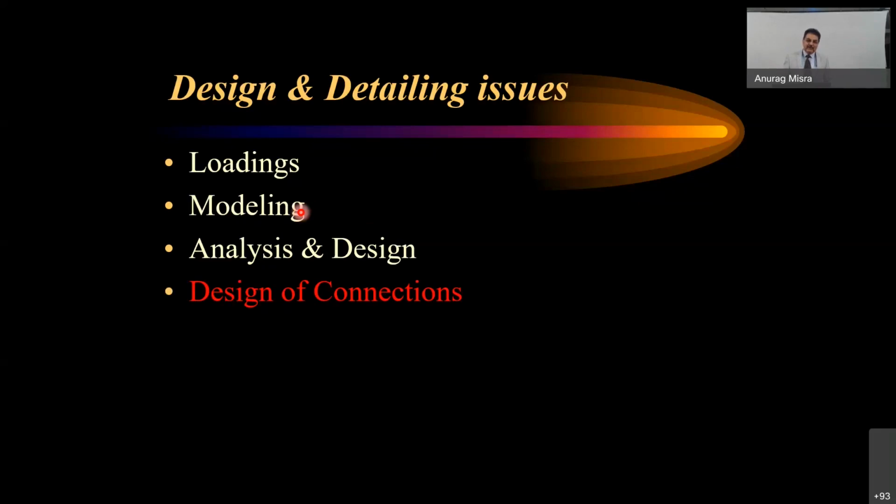Now here, we have to be very careful that if we are making very small components, then the number of connections are going to increase. So we have to make a judgment and keep the component size in a way that we are achieving economy in design of those components, and also we are reducing the number of connections, because both cost money.